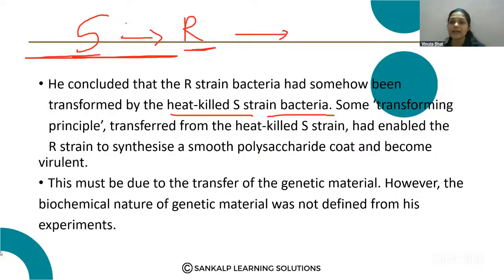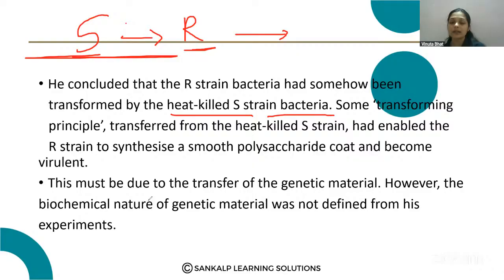So it is called the transforming principle. He did not know what that something was. He transferred that to the R strain, so the R strain bacteria become virulent, meaning they develop the disease.